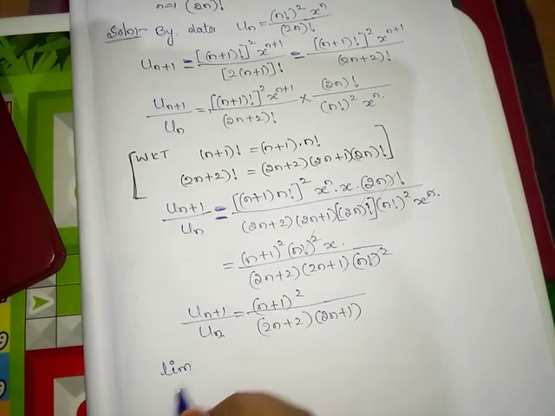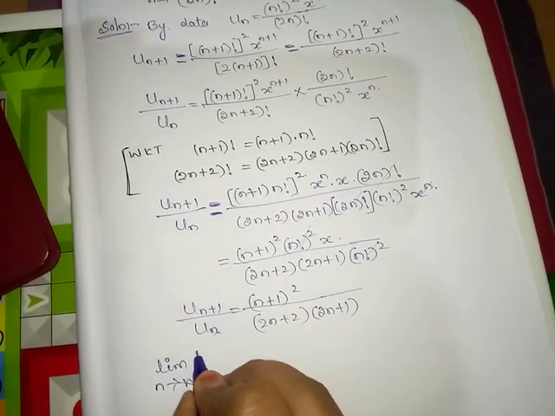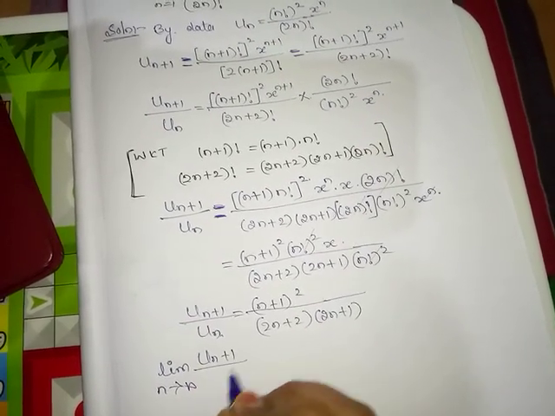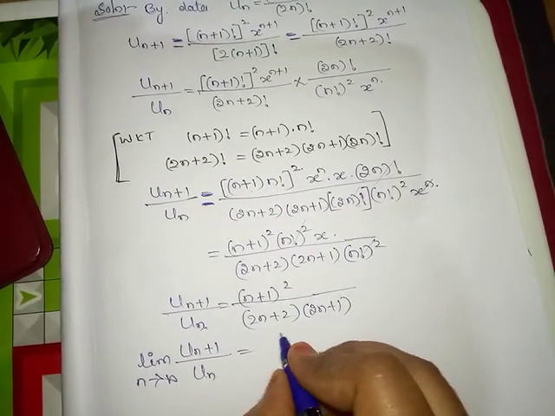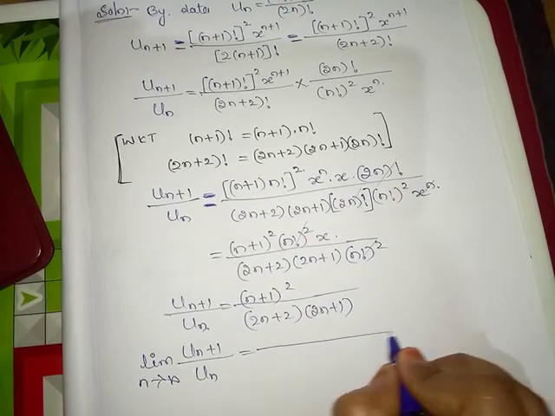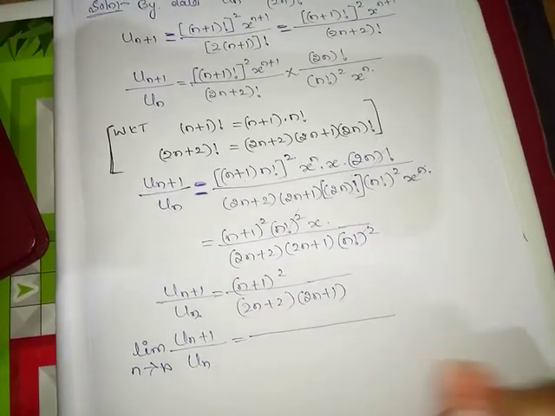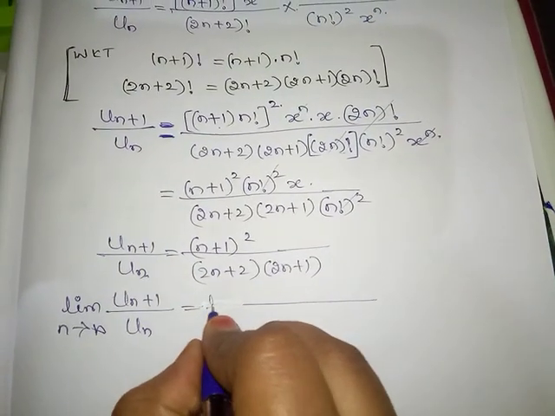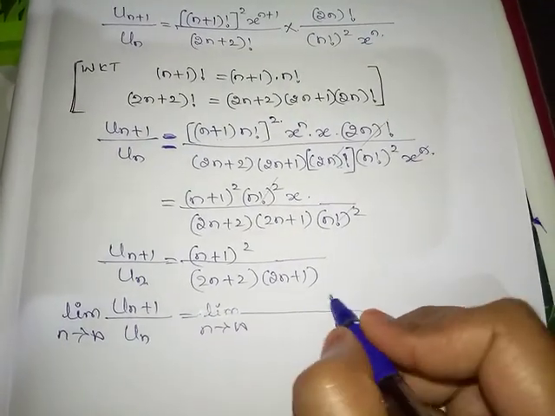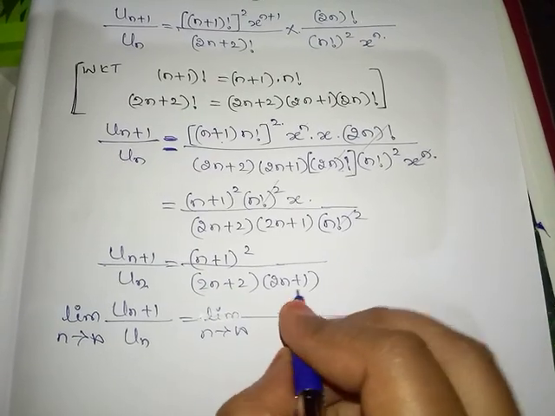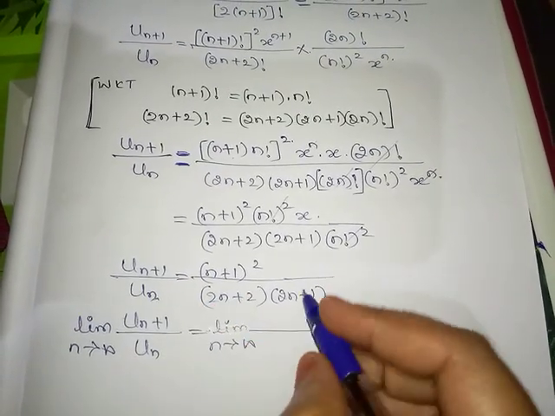Now limit n tends to infinity, un plus 1 divided by un is equal to limit n tends to infinity. In these terms I will take n common.